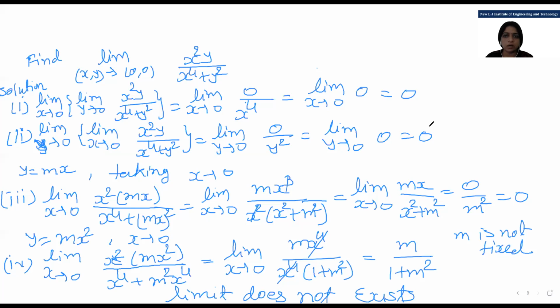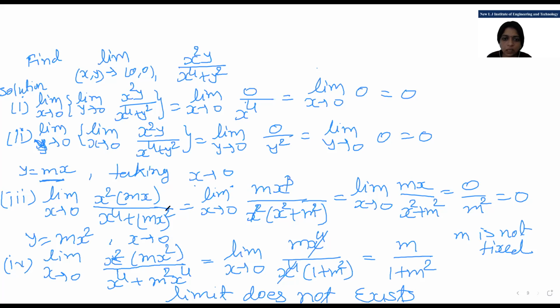See, Mahir, the first step is clear, right? The first step, answer 0. In the second step, answer 0. Then as we want to find limit at origin, we take different path, that is y is equal to mx, with x tends to 0. By substituting y is equal to mx in our function, we put x square m into x upon x raised to 4, and in the place of y we put mx, so m square x square.